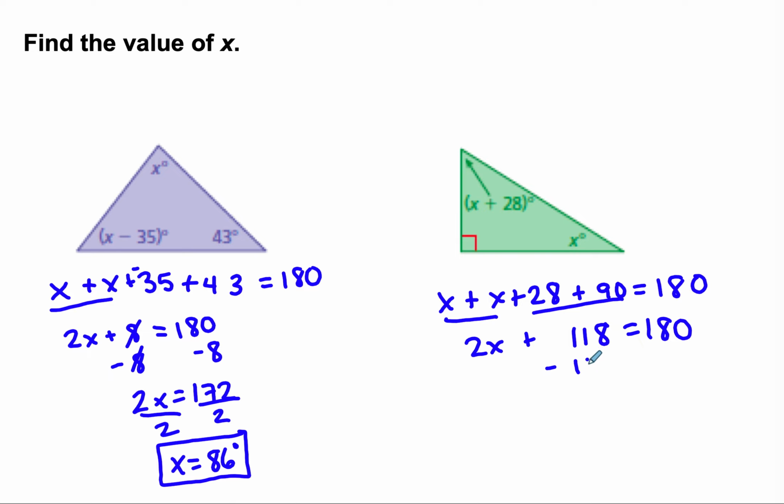We're going to subtract 118 on both sides, so 180 minus 118 gives us 62. So if 2x equals 62, we're going to divide both sides by 2. We're going to get x equals 31 degrees.